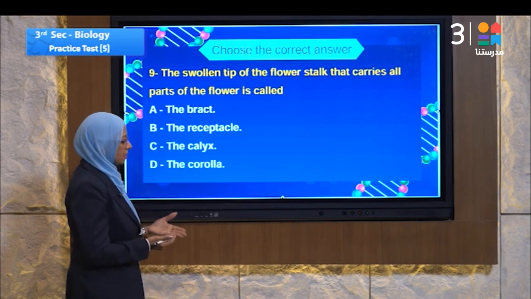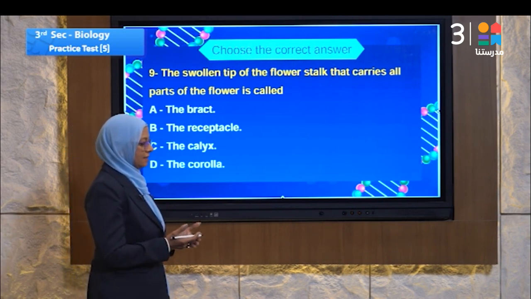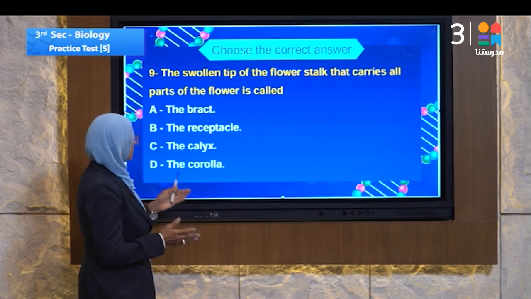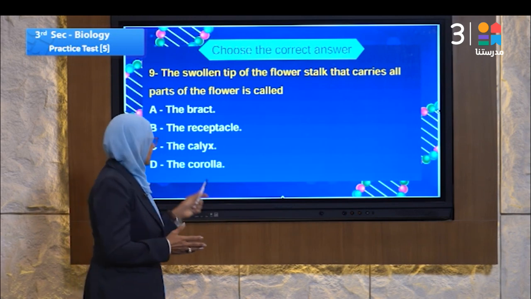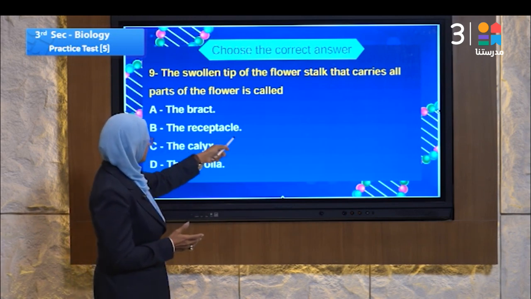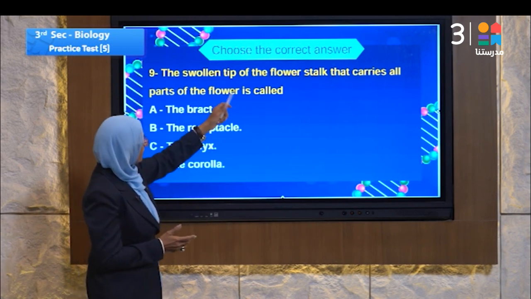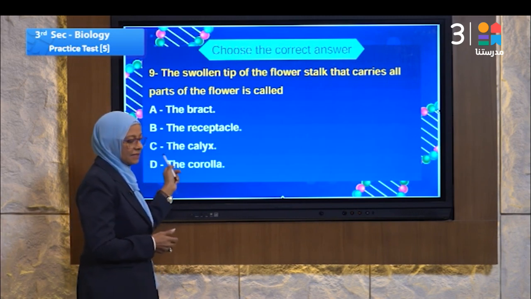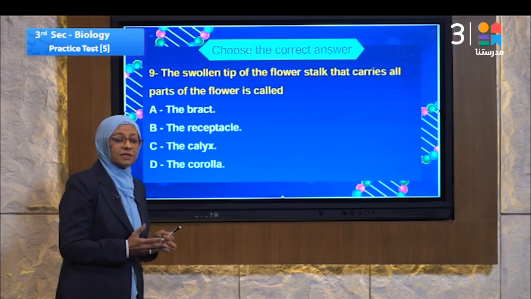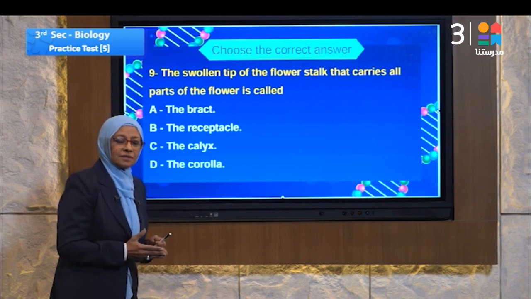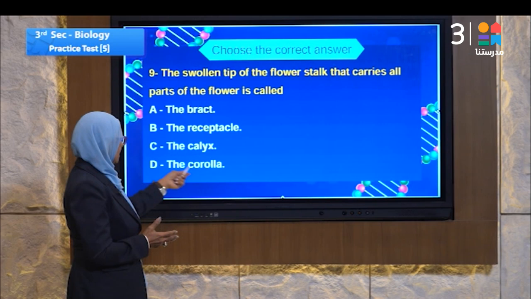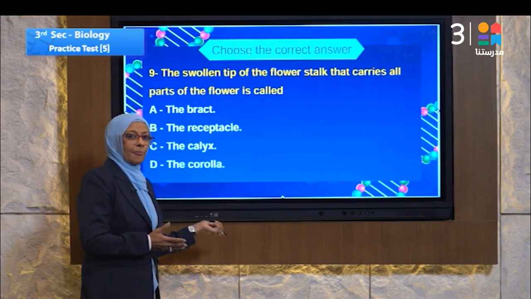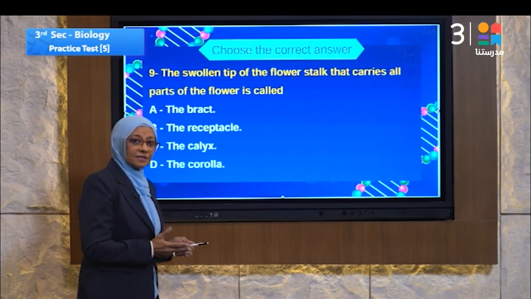bract? No, the bract is the origin of the flower, and it attaches to the stem. Number B, the receptacle, the swollen part. C, calyx? No. Calyx is the green leaves that surround the flower and protect it. Corolla is the colored part of the flower and attracts the insects.